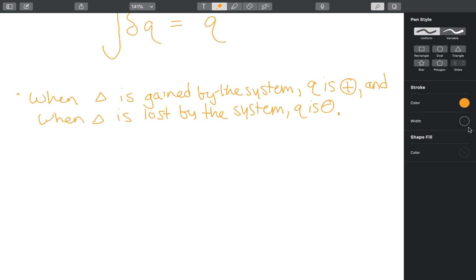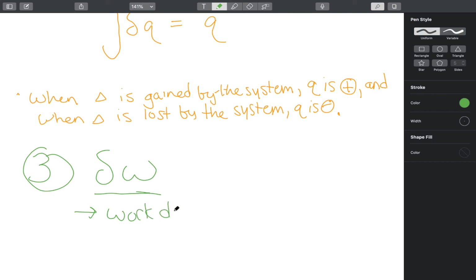The last term is work. So let's change our color here. So dW. Now that we know what this d is, we don't have to go over it. dW is basically telling us the work done on or by the system.